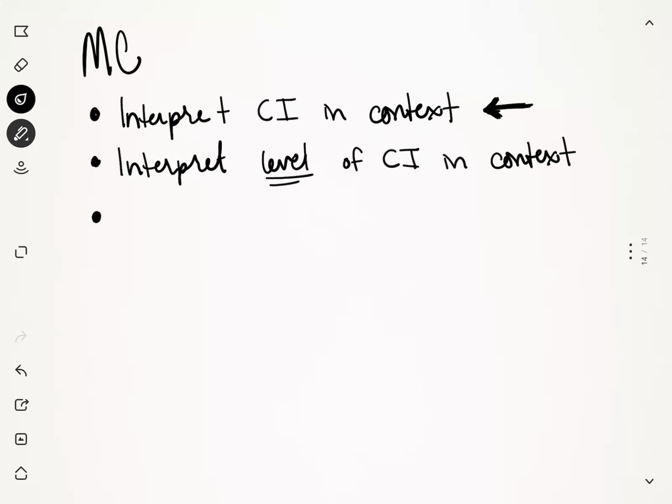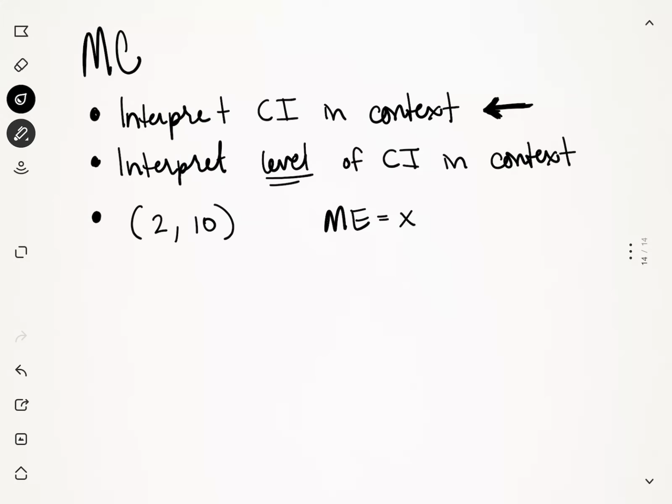I might give you an interval with some information, say an interval that goes from 2 to 10. I'm just making this up. And I might tell you that the margin of error is equal to some number, say X, and then ask you to find the point estimate.